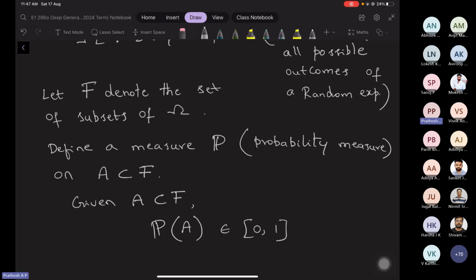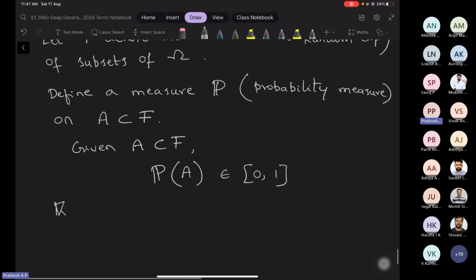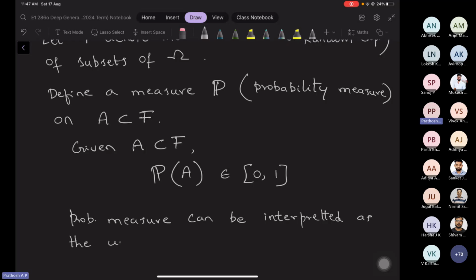So now you interpret these values as the amount. Basically the probability measure can be interpreted, just like you interpret the Lebesgue measure as length, as the uncertainty associated with a subset A, which is a subset of the sample space.